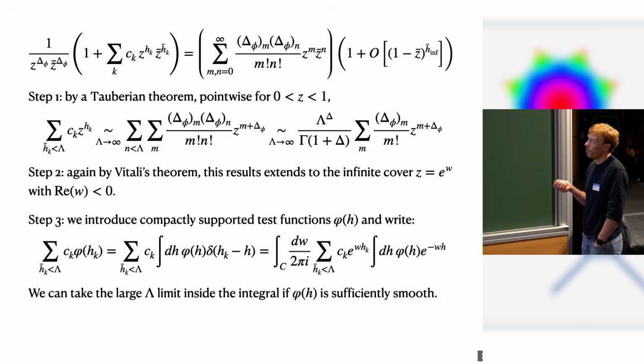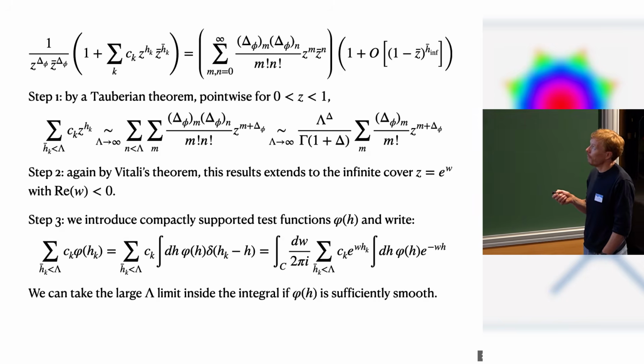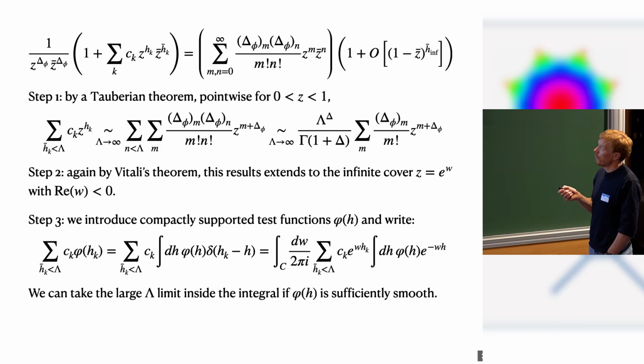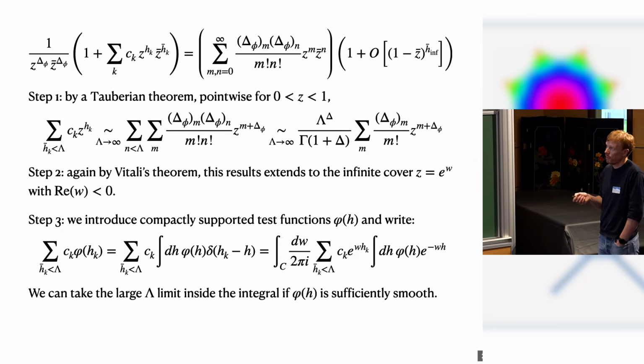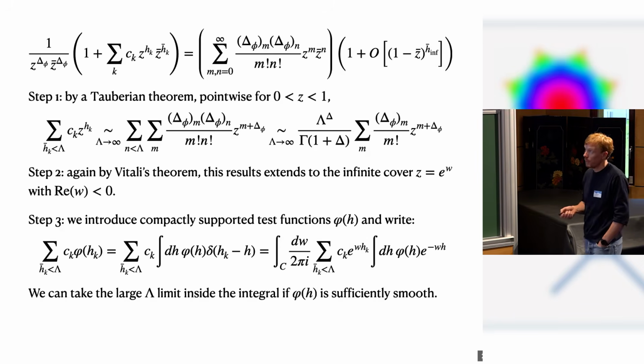Here you fix z, so it's just pointwise in z. So you fix some z, you see some z bar series expansion with some positive coefficients. Here some z bar series expansion with some positive coefficients. And then a standard Tauberian theorem says, well, these coefficients on average should become the same.